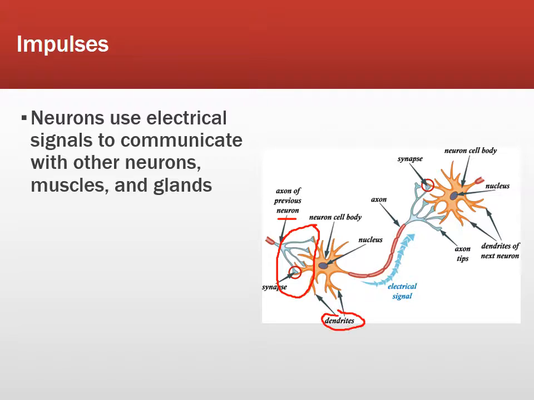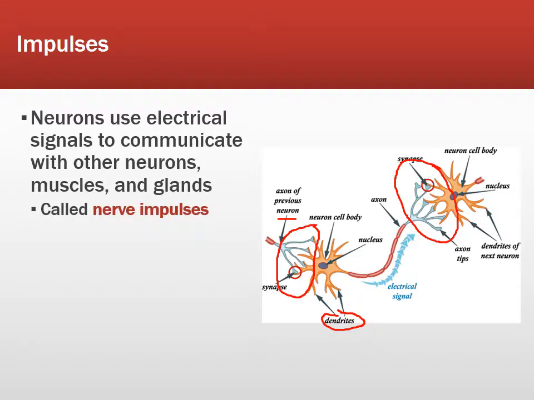So in this case, we're sending a message from one neuron to the next. And same thing here, another connection between the previous neuron and the next neuron. These signals will get passed along all these different neurons all the way until you get to the central nervous system, or if it's the central nervous system, sending a message to your peripheral nervous system telling your body to do something.